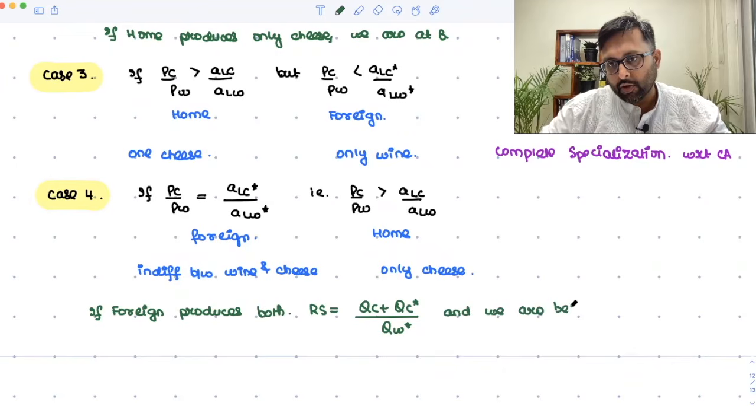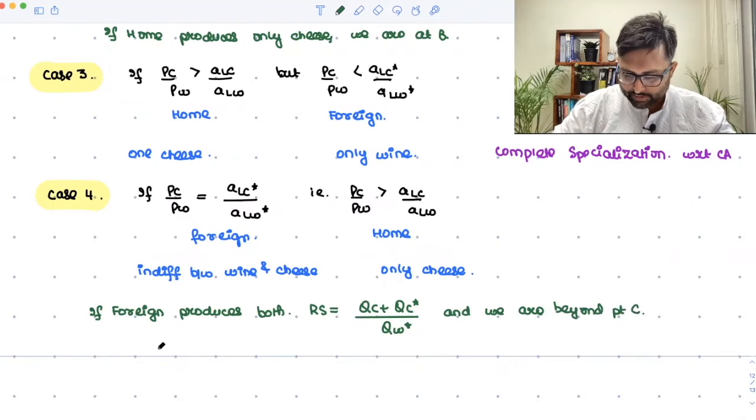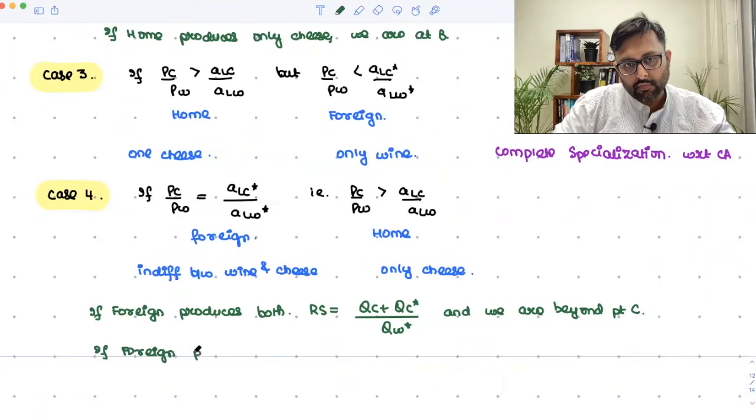And we are beyond point C, right? If foreign produces only wine, then it is simple.